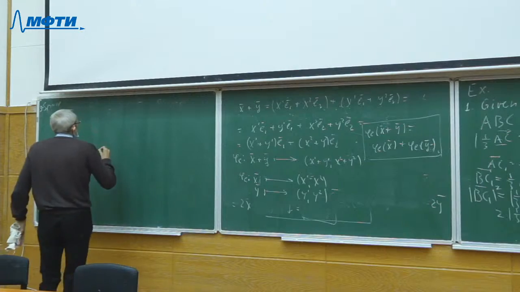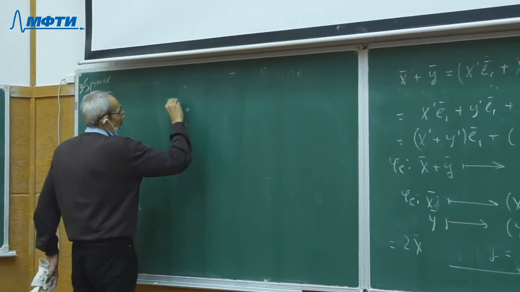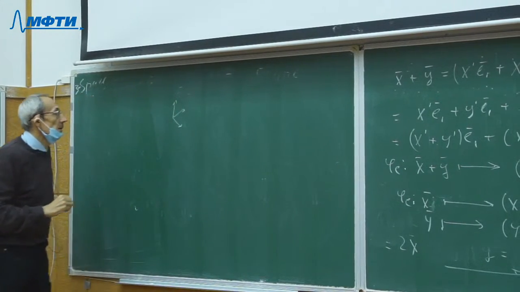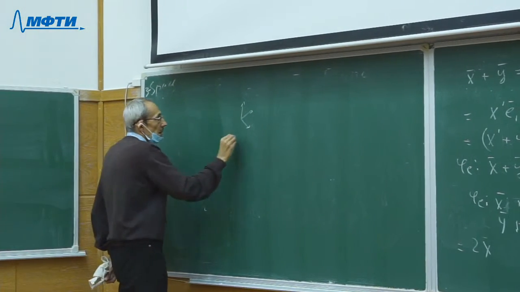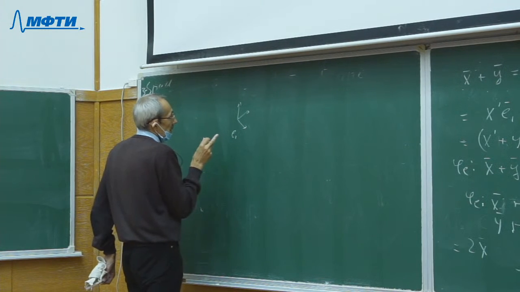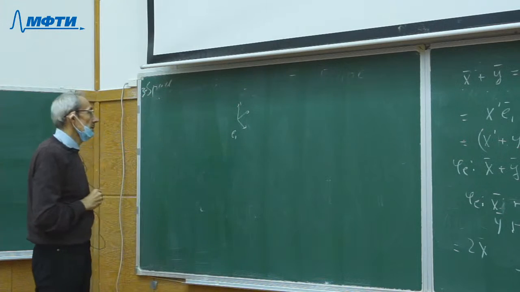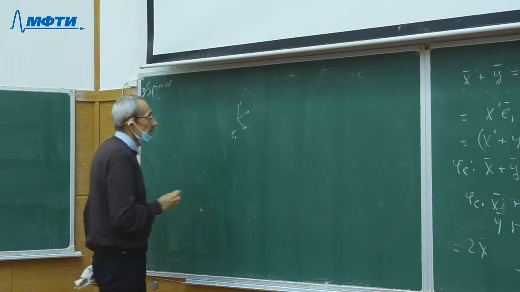Let's choose the basis in the geometrical space with orthogonal or perpendicular vectors, and let the length of these vectors be equal to unit.